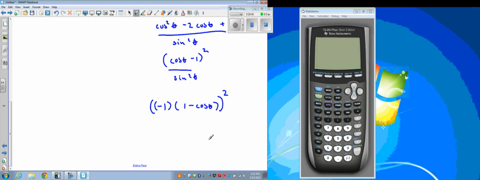Yeah, do anything we want. I just took a minus sign out of there. Now notice, when you have a product squared, you square this, and you square this.